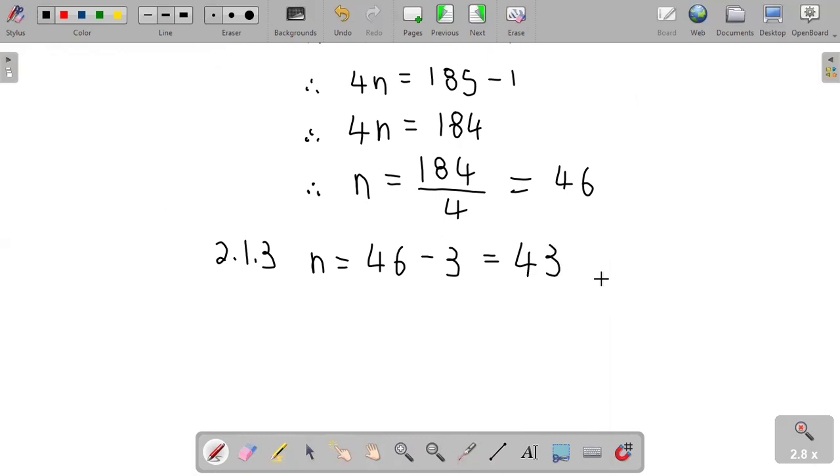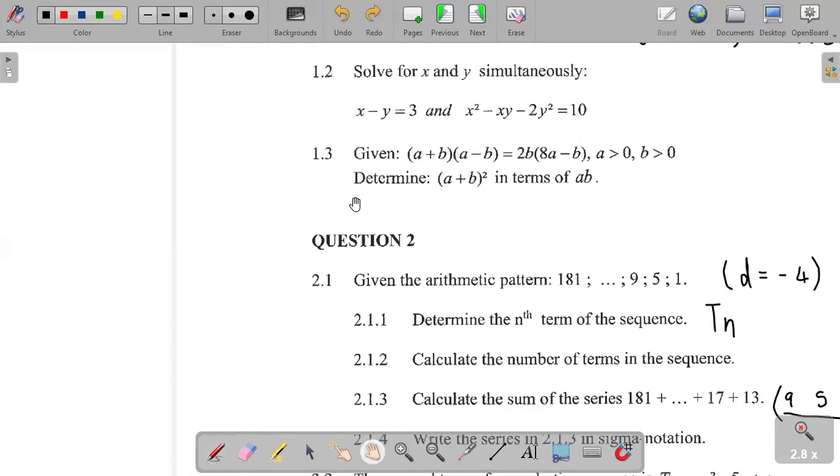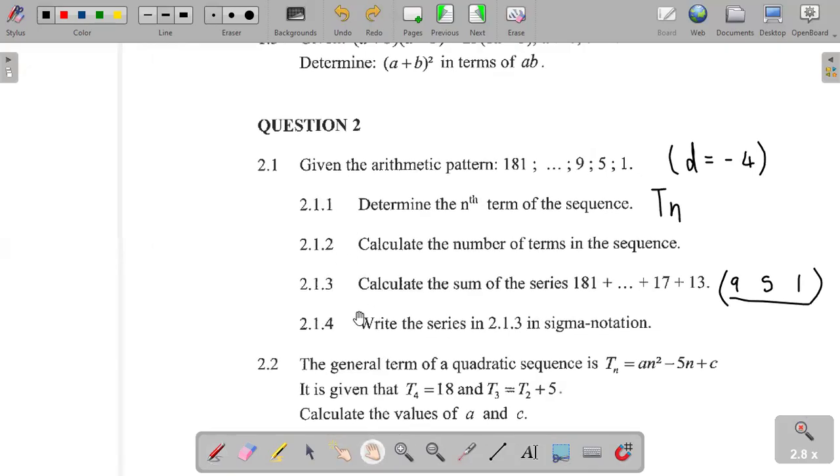So then our n in this case is 43, but the pattern is still the same, and it's an arithmetic pattern. So if we want the sum, what do we do? If we want the sum, we must use the formula for the sum.